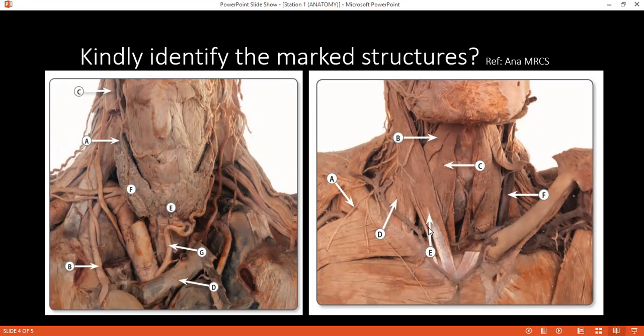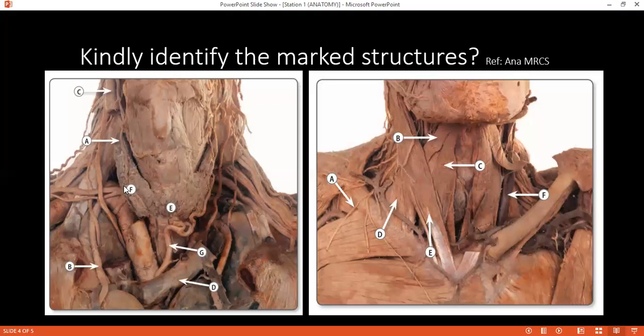Can you identify structure E, please? E is the sternocleidomastoid, the sternal end. And D is the clavicular part of the sternocleidomastoid. What is A pointing at? It's the supraclavicular nerves.